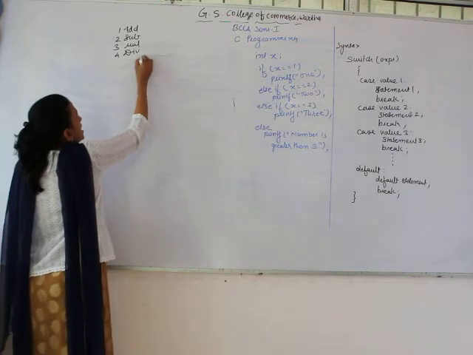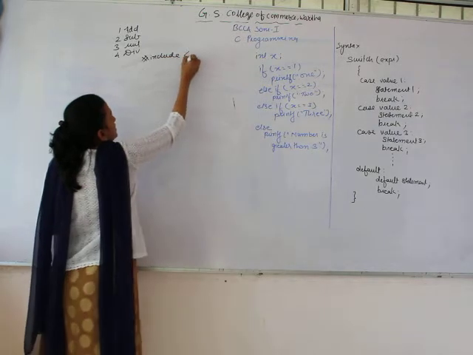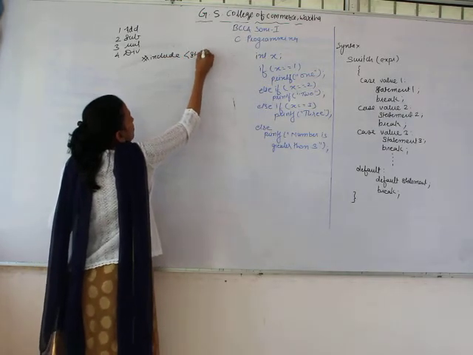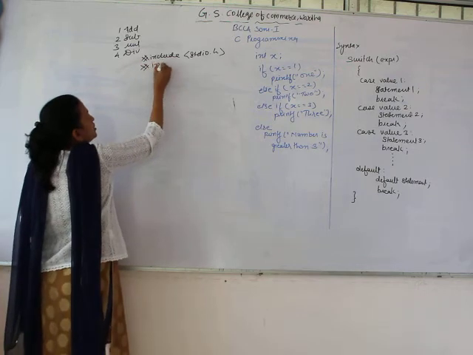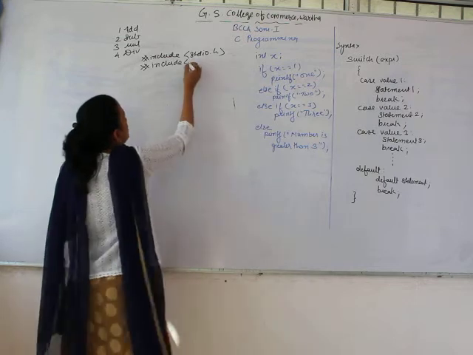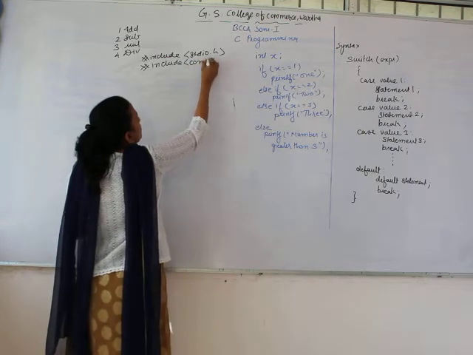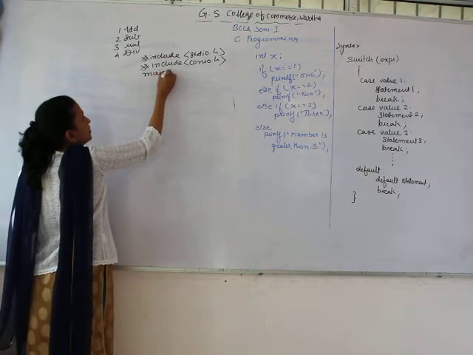Now see, #include <stdio.h>. The next statement which you must add in every program is #include <conio.h>. The next statement is main.